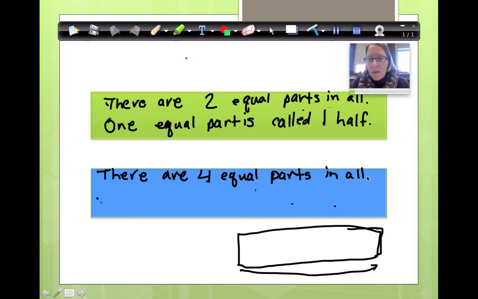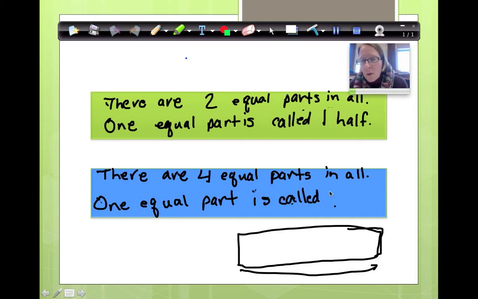Period. 1 equal part is called 1/4. We're going to write 4th, period. So this is the back of your half fraction strip. This is the back of your 4th fraction strip.